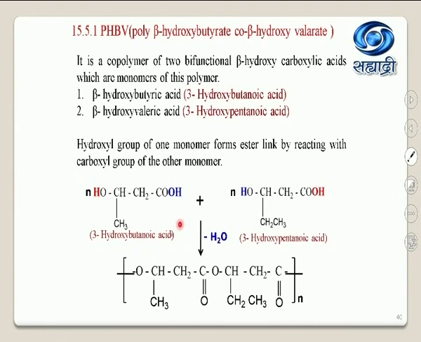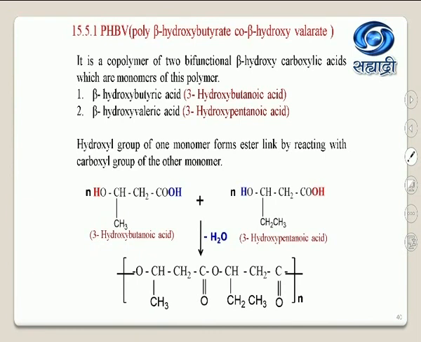3-hydroxybutanoic acid is the IUPAC name because it is a carboxylic acid, that is, a COOH group is there, and the total number of carbon atoms, including the carboxylic group, is 4, and there is one hydroxy group on the third carbon atom in the chain, and therefore it is known as 3-hydroxybutanoic acid, which is the IUPAC name.